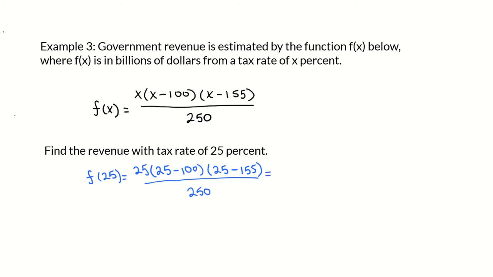Simplifying this a bit, we get 25 times negative 75 times negative 130, all of that over 250. Which is $975 billion.